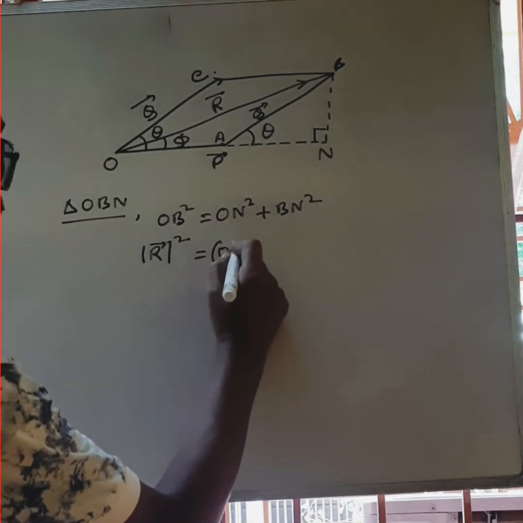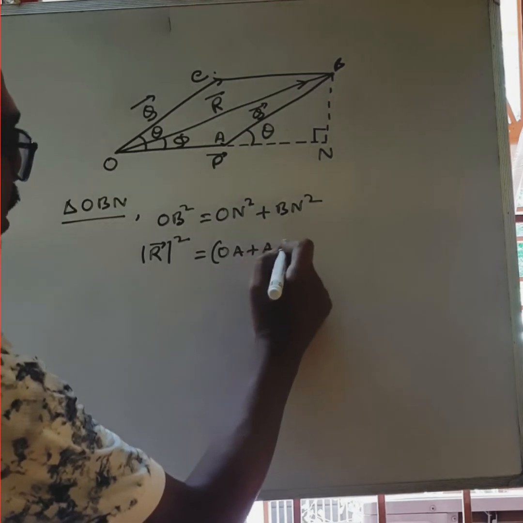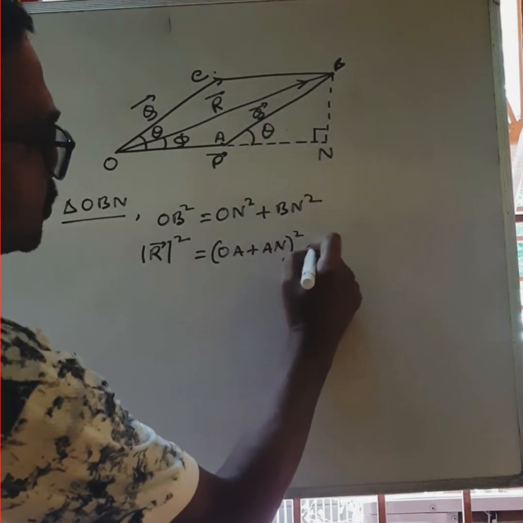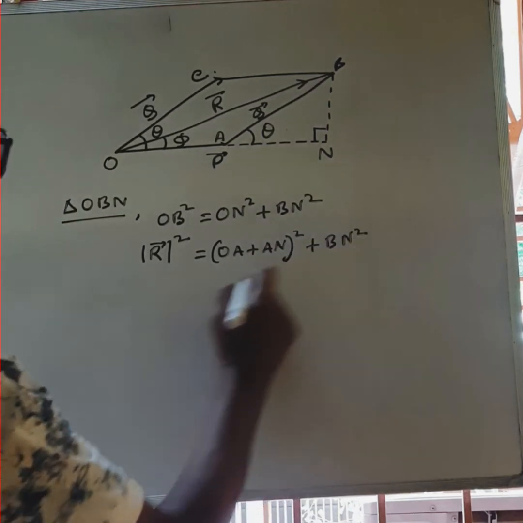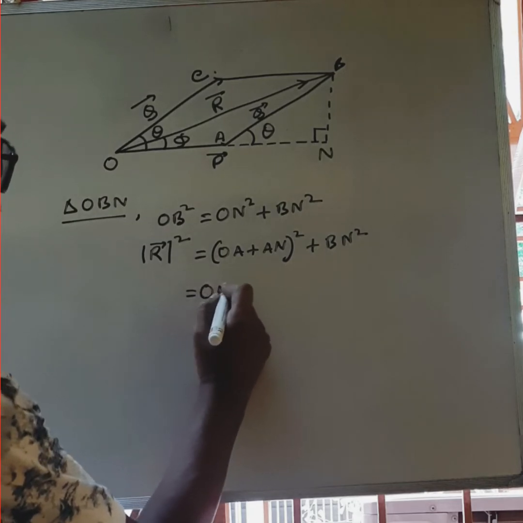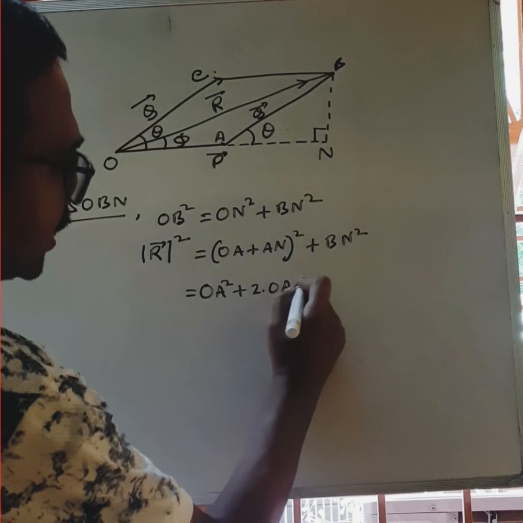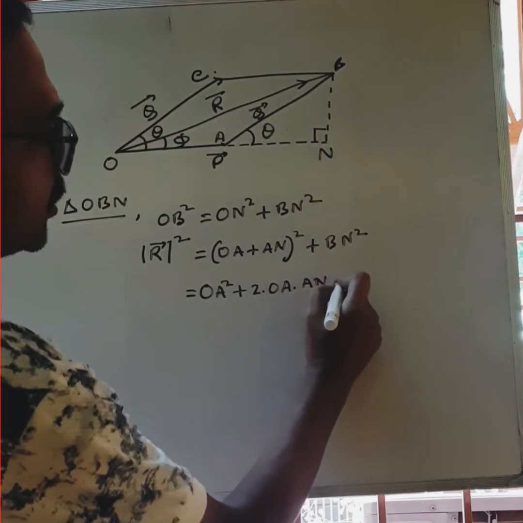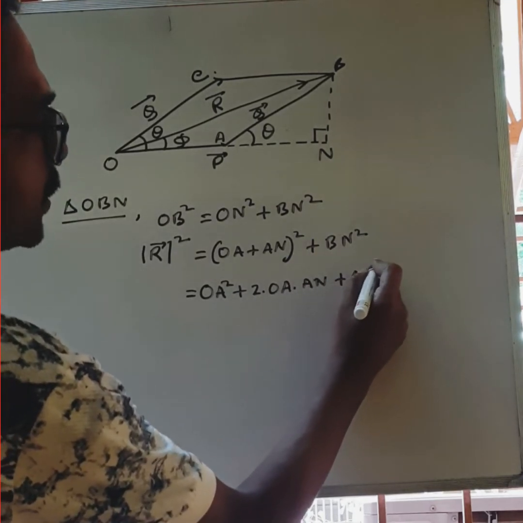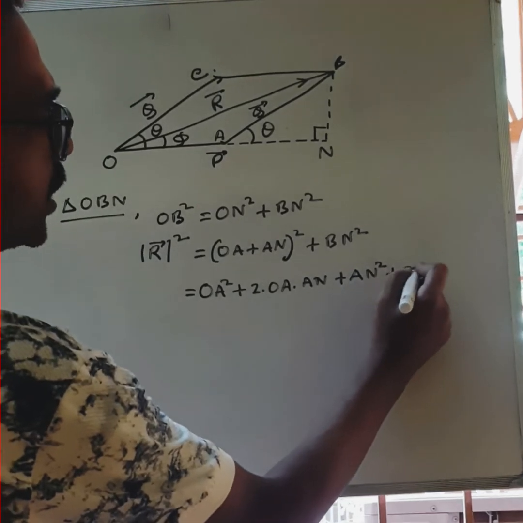ON square, you can write in the form of OA plus AN whole square, plus BN square. Then we have OA square plus twice OA into AN plus AN square plus BN square.